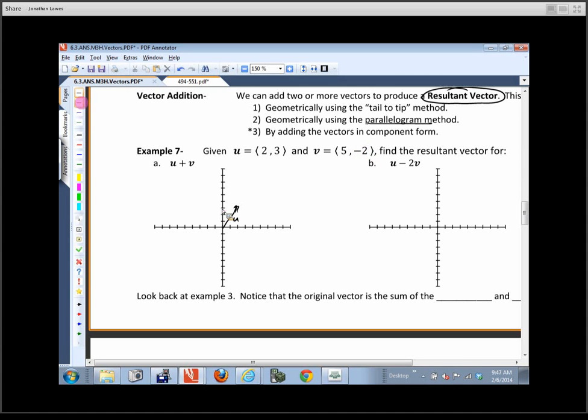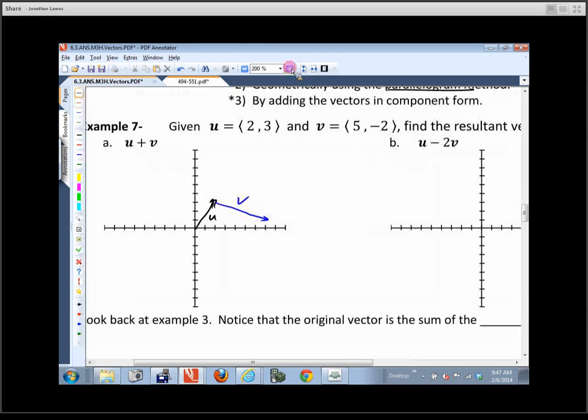So I'm going to change colors here. So from right here, I go 5, 1, 2, 3, 4, 5, and then I go down 2, right here. So this is v. Now, here's the resultant. The resultant goes from the tail of the first one to the tip of the second one, so this vector right here is u plus v.